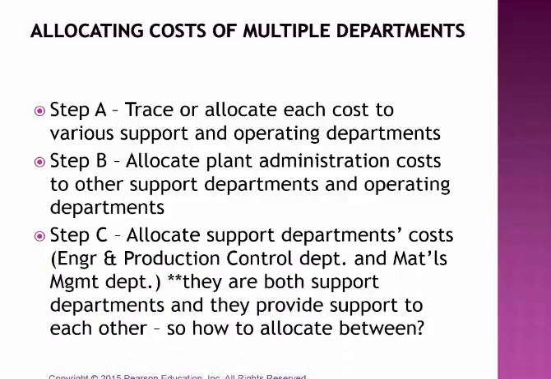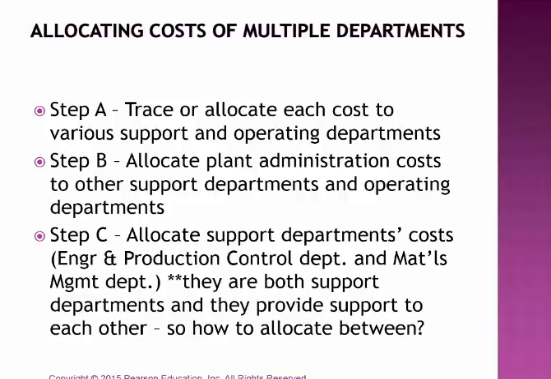And then we get down to part C, where we are at the level where we need to allocate the support department's cost onto the other departments, those operating or production departments that they actually support. Okay, so for example, in the textbook, what we're talking about is the engineering and production control department. They are a support department.